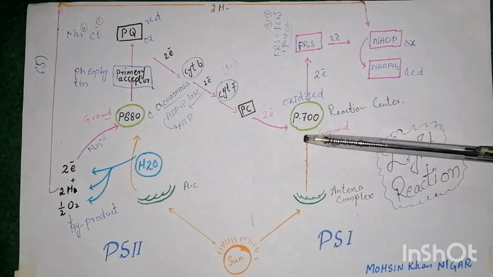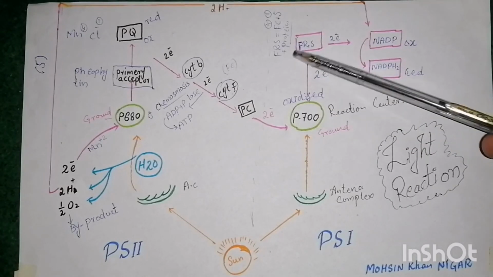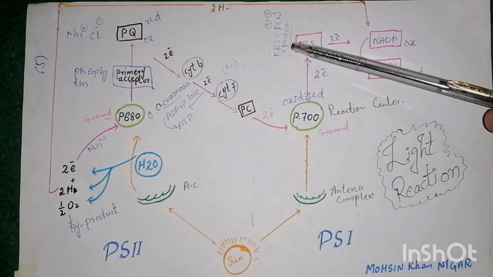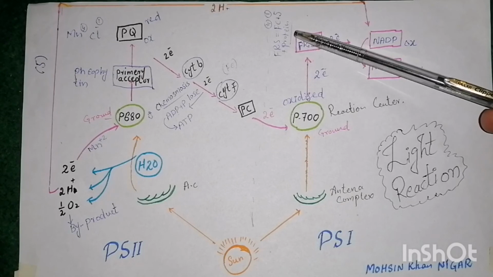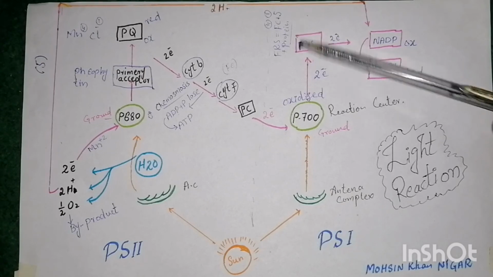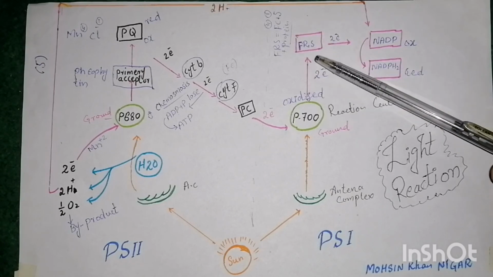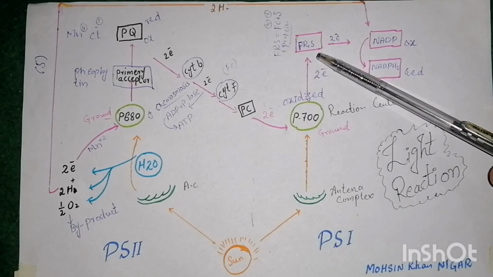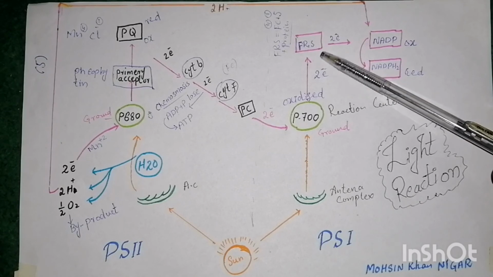The electron of PS1 is accepted by FRS, a protein, iron, and sulfur based molecule. Then this electron is released from FRS.